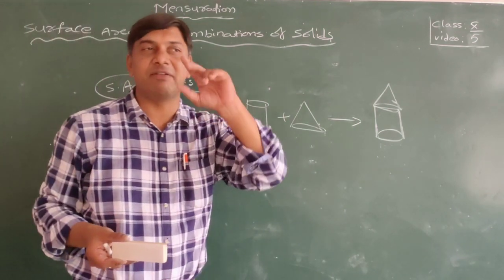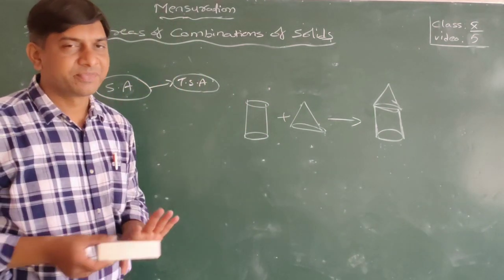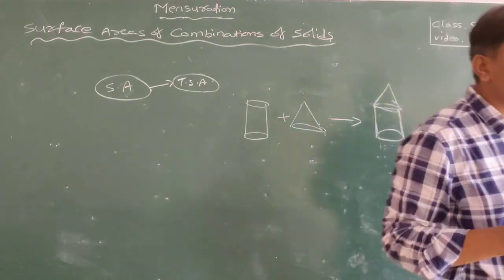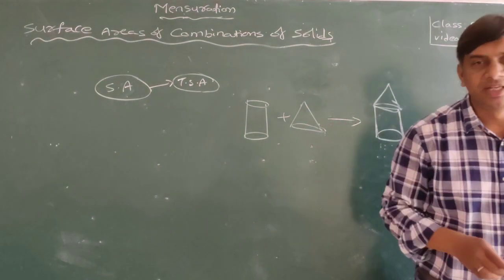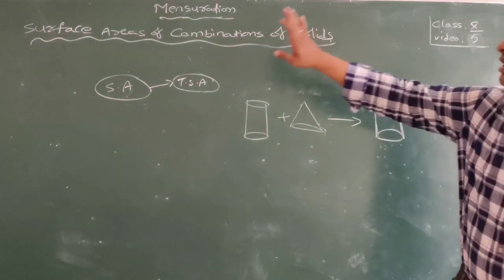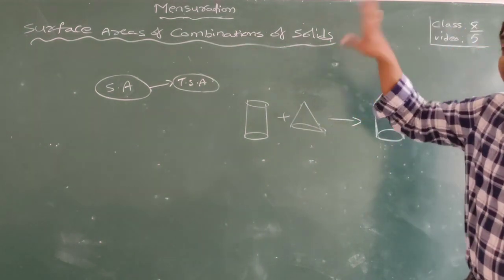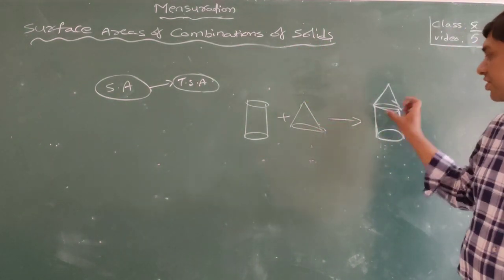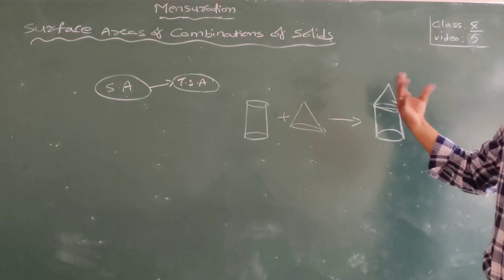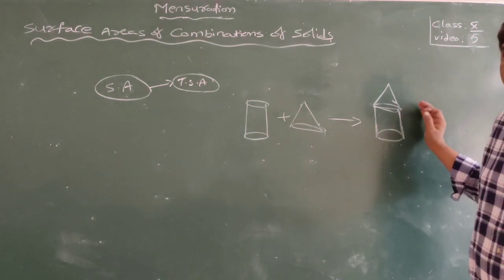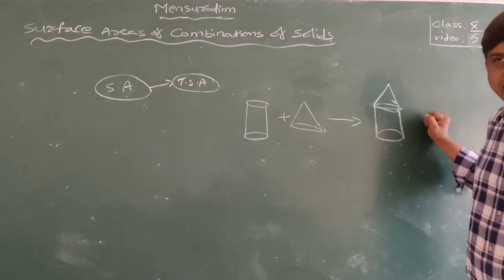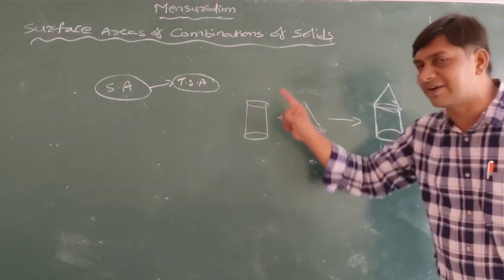If they mention one solid, then if it is one solid's TSA, you need to apply the TSA formula. In this concept, combinations of solids, two or more solids are joined, so the resultant solids are this type of solids. Here they asked for surface area, which is nothing but TSA only.